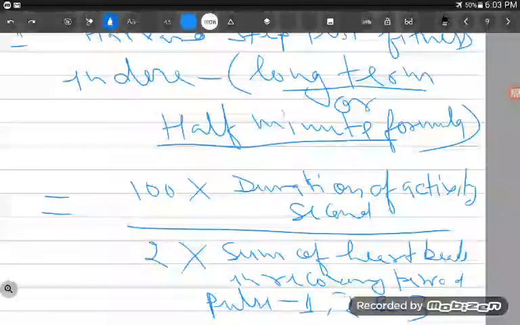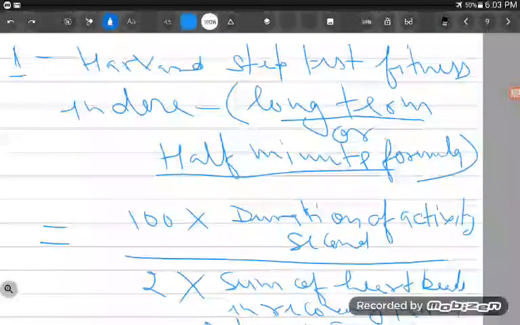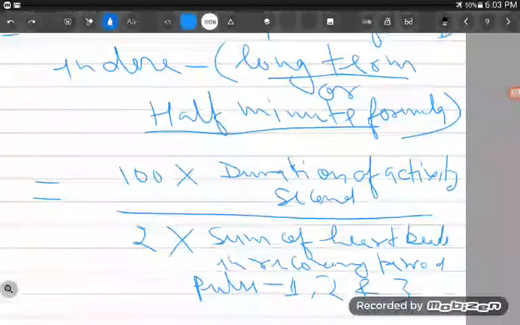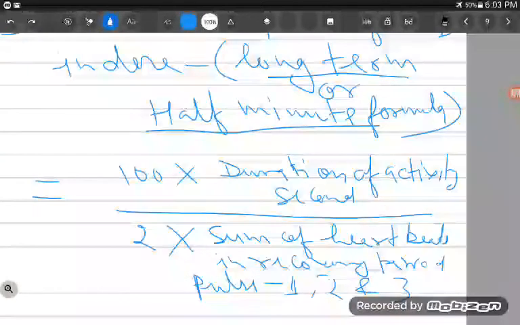The first formula to check the Harvard step cardiovascular fitness, long term or the half minute formula: 100 multiply duration of the activity, it should be in seconds, upon 2 multiply sum of the heartbeats in recovery period. Okay.